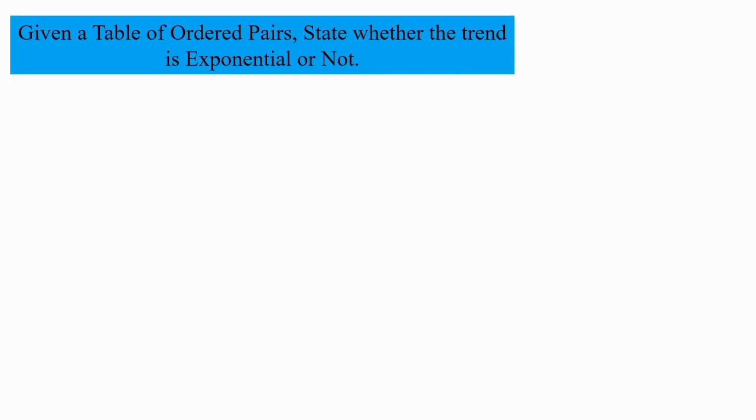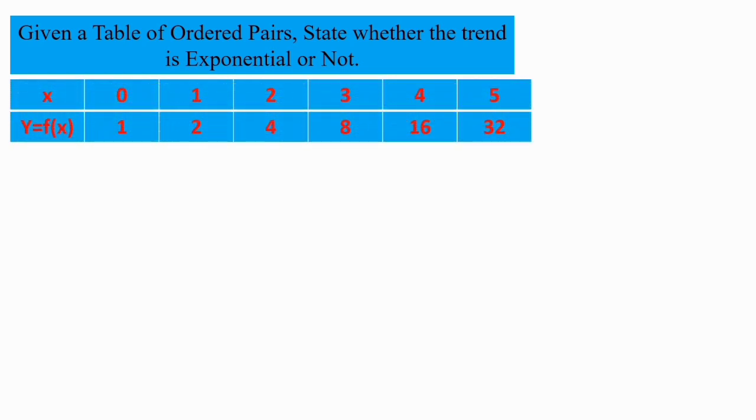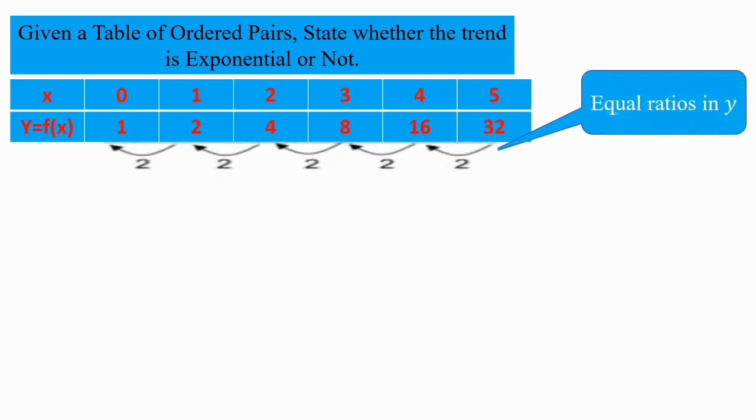Okay, let's take the example number 3, table of ordered pairs. Okay, your x is 0, 1, 2, 3, 4, and 5. And your y or your f of x is 1, 2, 4, 8, 16, and 32. Kung makikita nyo, class, ang ratio niya is 2. So, equal ratio in y.